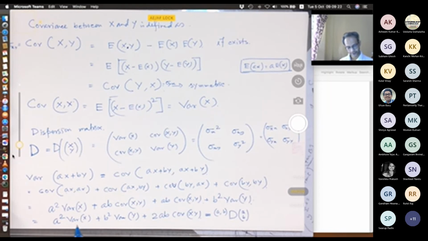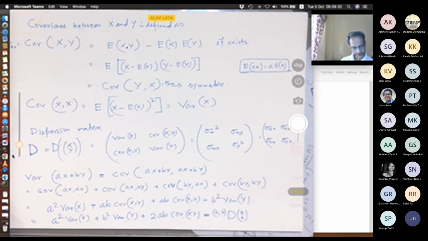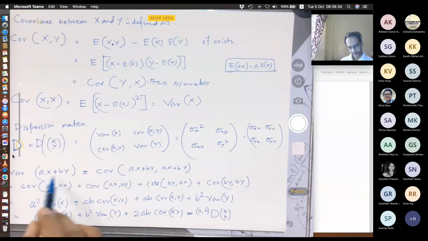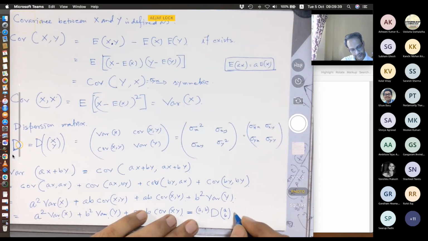So this quantity is sigma xx, this is sigma yy, this is sigma xy.